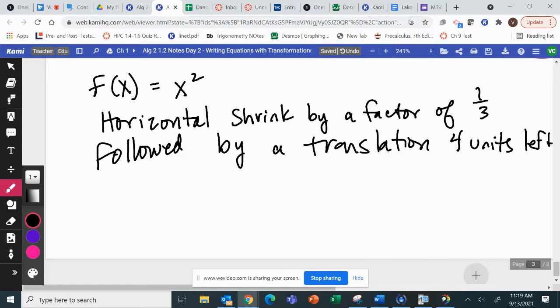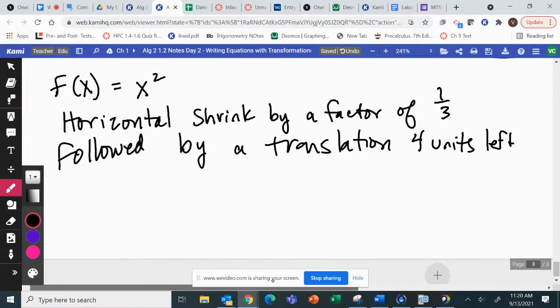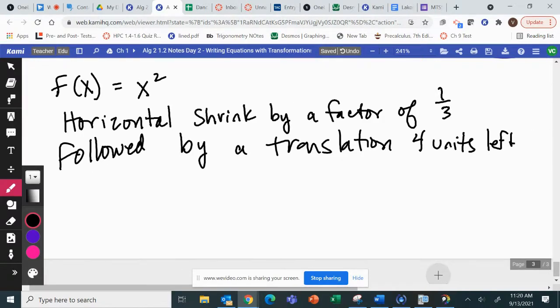Okay. So we're doing a horizontal shrink by a factor of 1/3, followed by a translation 4 units left.